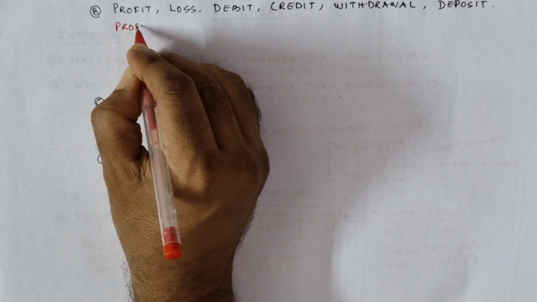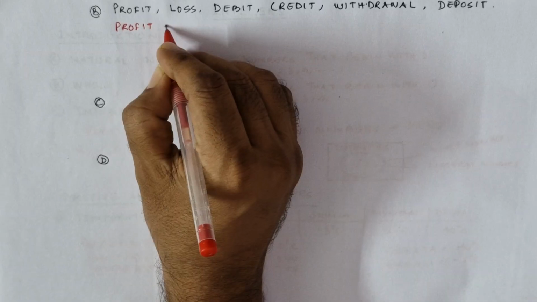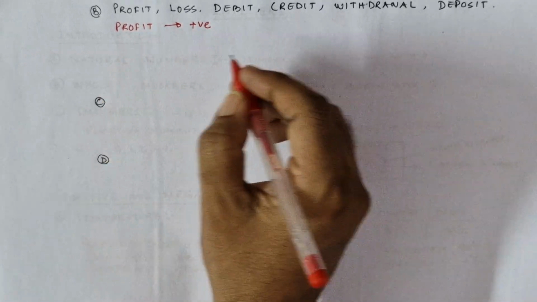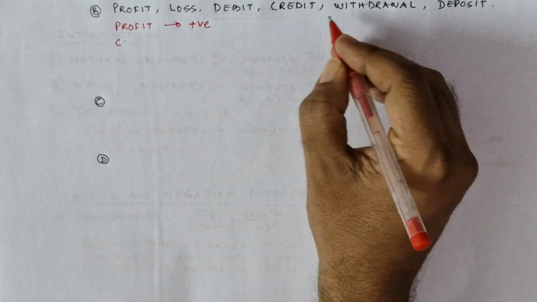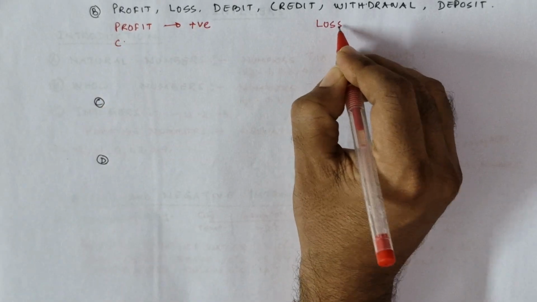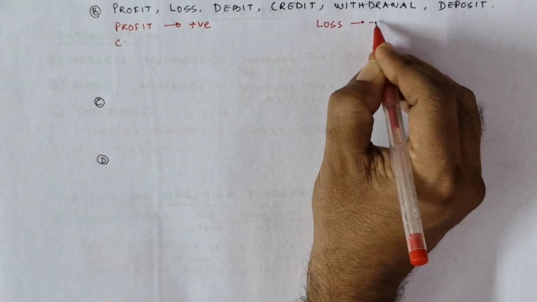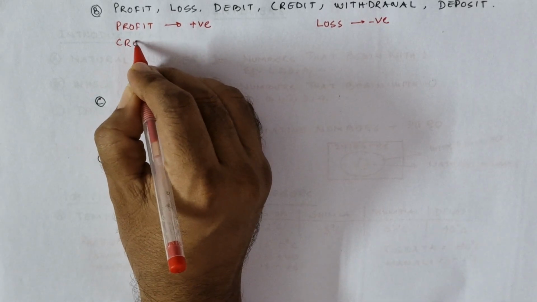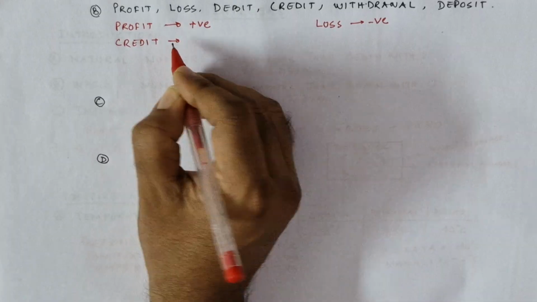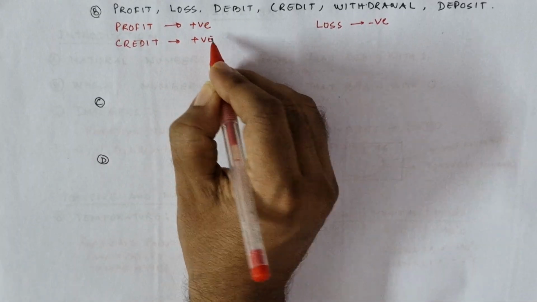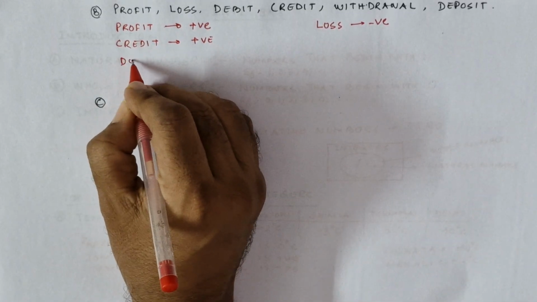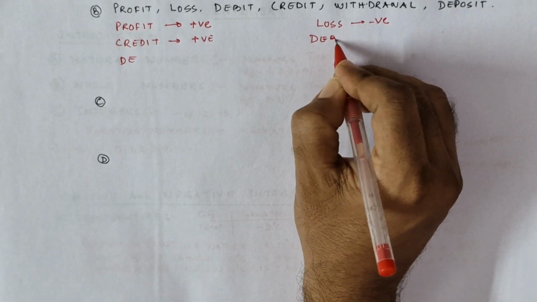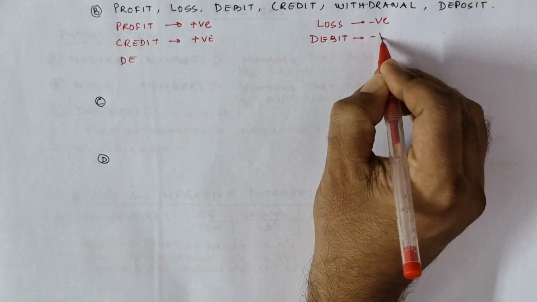Profit is taken as positive, loss is taken as negative, credit is taken as positive, debit is taken as negative.